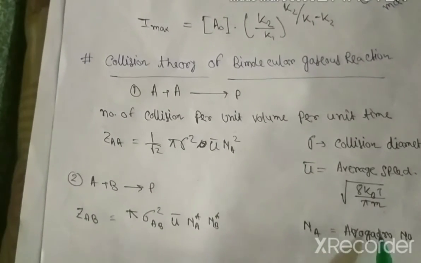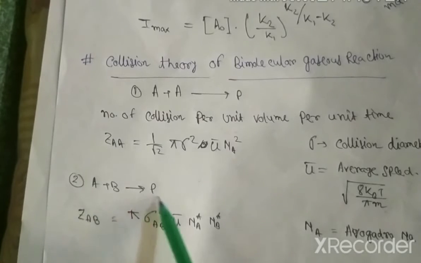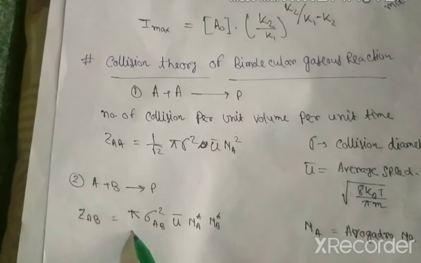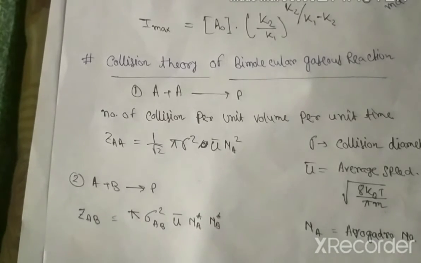But if the molecules are different, then A plus B to P, then Z_AB is equal to pi sigma_AB square U bar N_A star and N_B star.